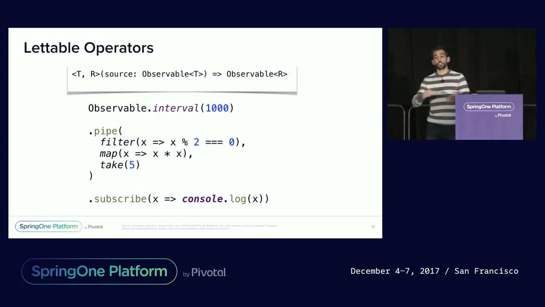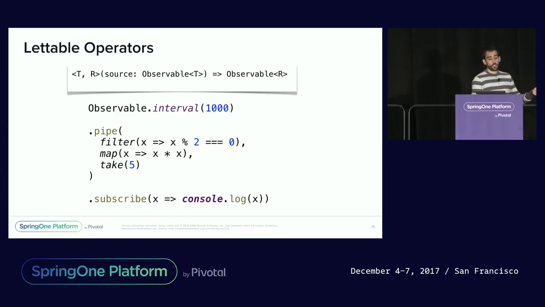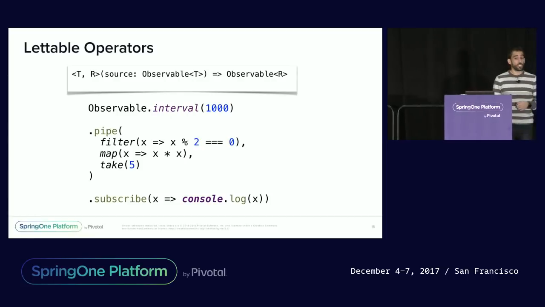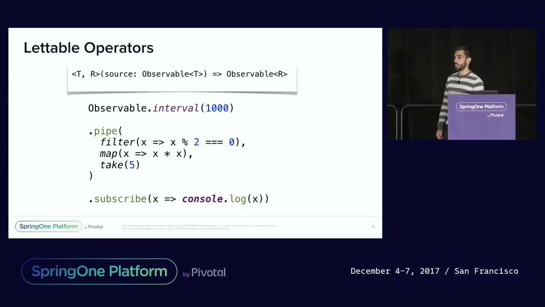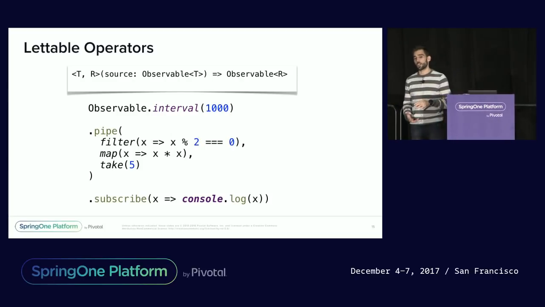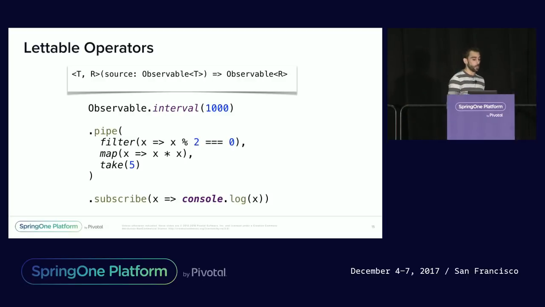That means that every time that you go through one of these operators, it takes an observable, it basically subscribes to this observable, and returns another observable downstream. So using the lettable operators allow you to just import or pull in the operators that you need in your application. So you can reduce the bundle size of your application. Otherwise, you'll be pulling in the whole library. So that might be the preferred way to use the operators.